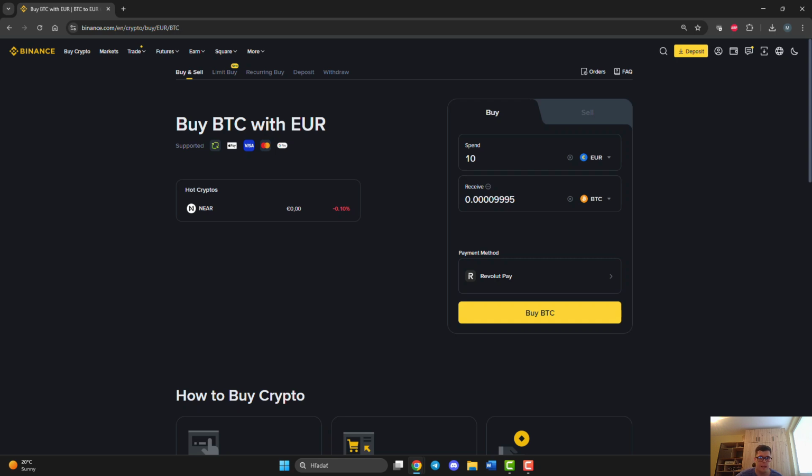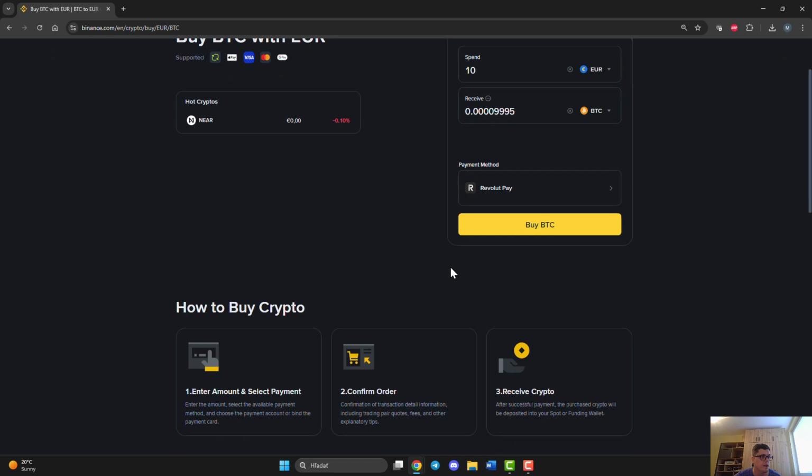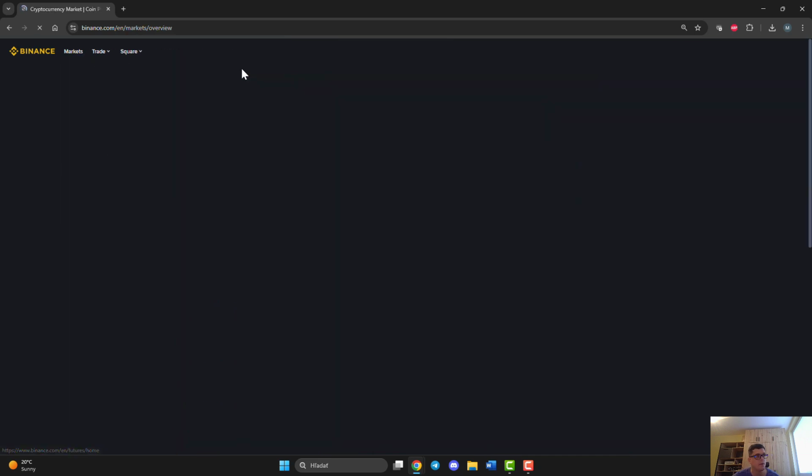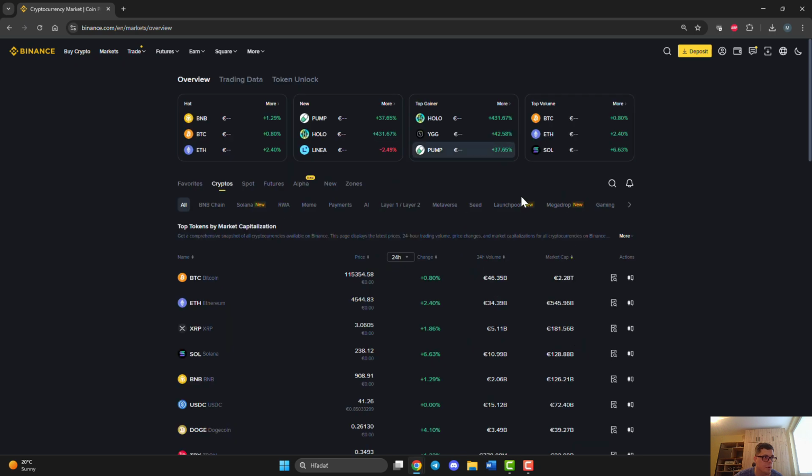And then of course, you have your portfolio, and the question is how you can then exchange your assets, right? Or how to withdraw. So there are possibilities. When you click on markets, you can do whatever you want with your portfolio.